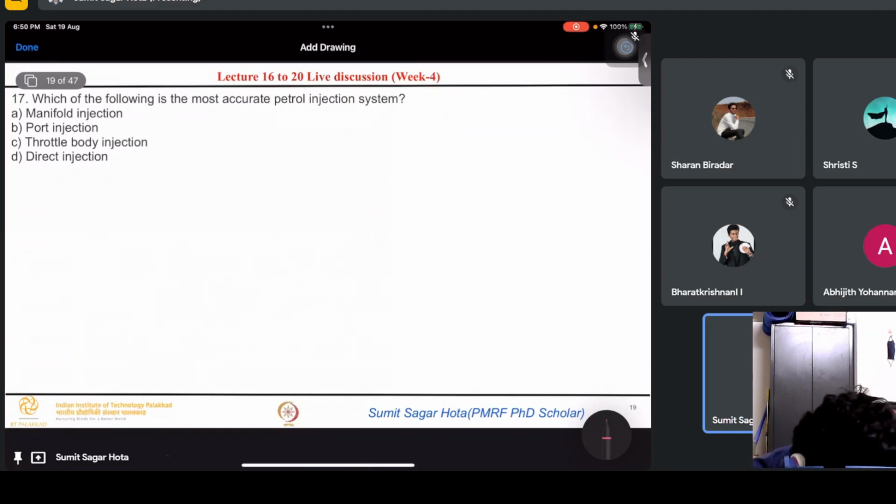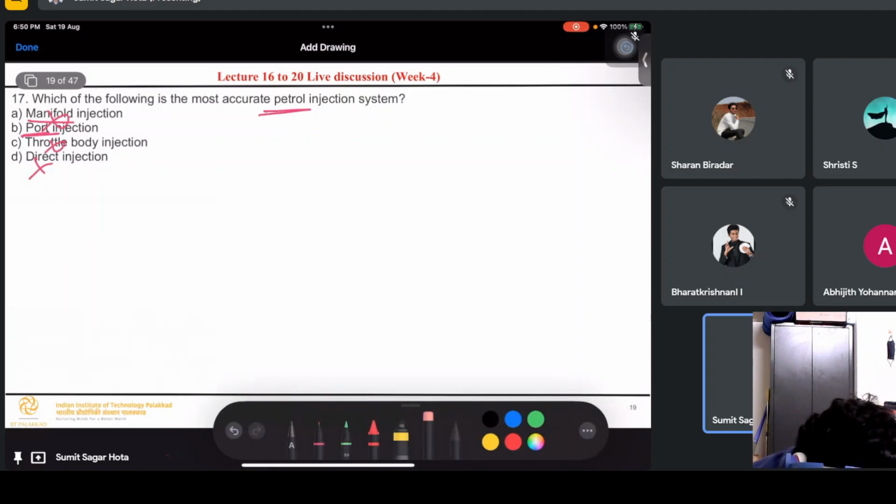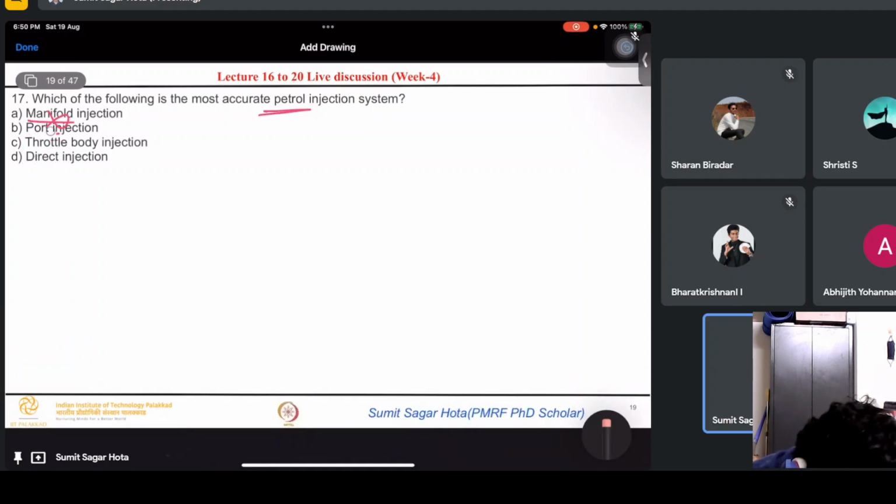Which of the following is the most accurate petrol injection system? Always remember, when it comes to petrol, petrol only comes through a port. Petrol cannot come through a manifold, a throttle, or direct. There is no direct kind of business. So it only comes through a port.